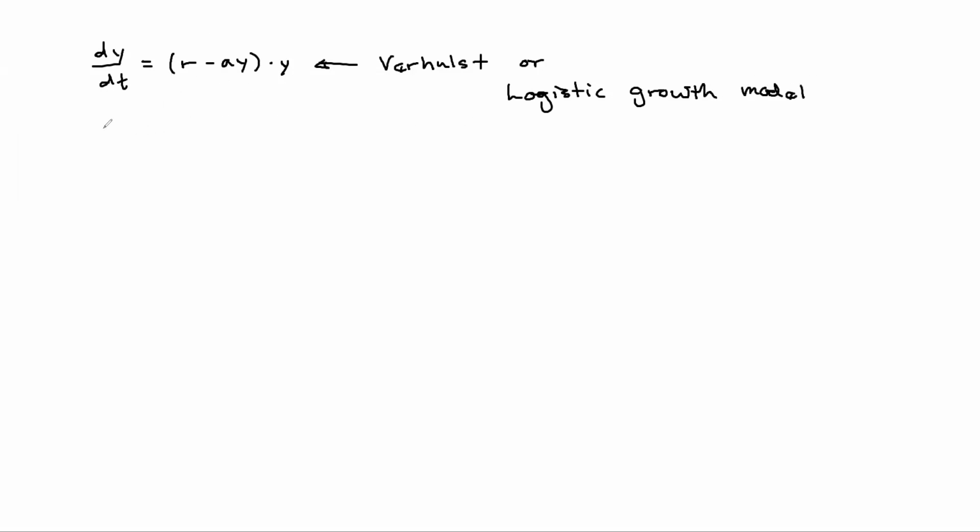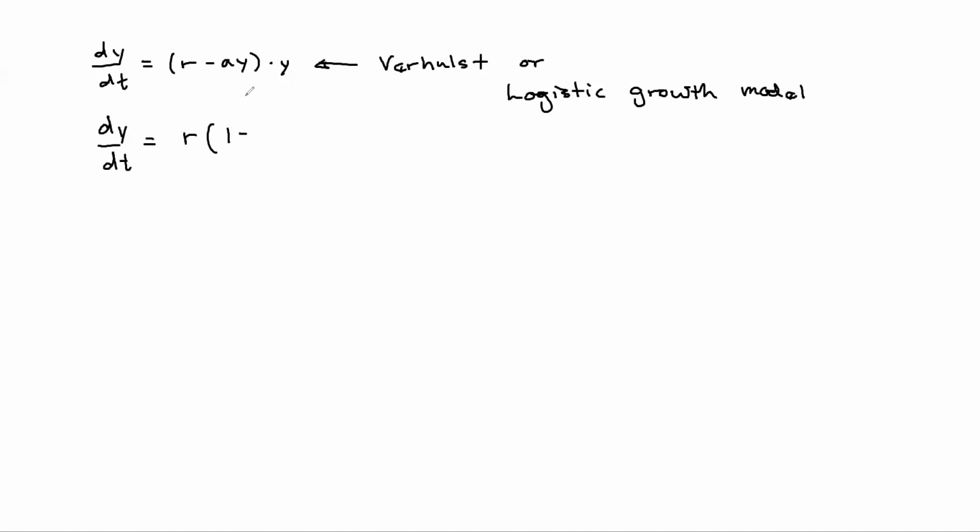The model can be rewritten if you go through and factor out the R. And once you factor out the R, it also becomes clear to see the limiting condition in here. If we factor out the R from R, we get 1.